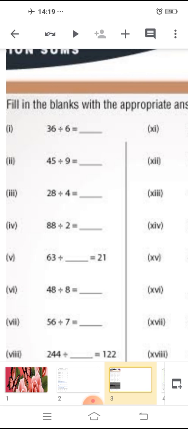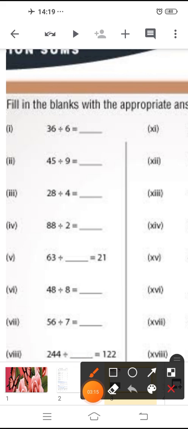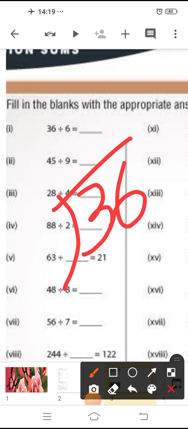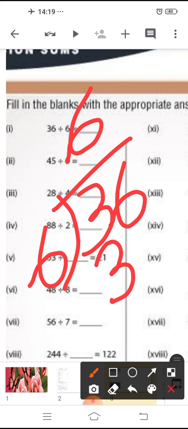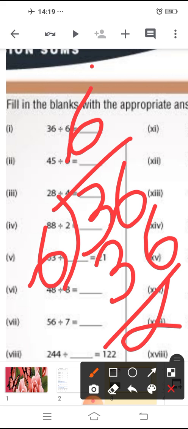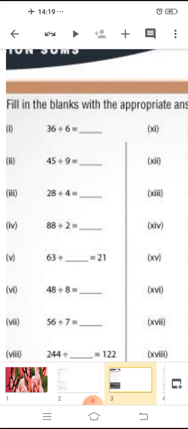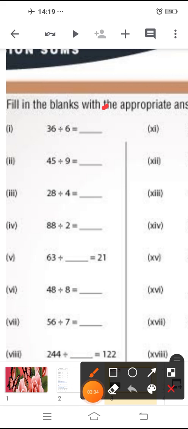So if we divide 36 by 6, what will it give? In the table of 6, when will 36 come? 6 fives are 30, 6 sixes are 36. Okay, so 6 is your answer. You will write here 6.